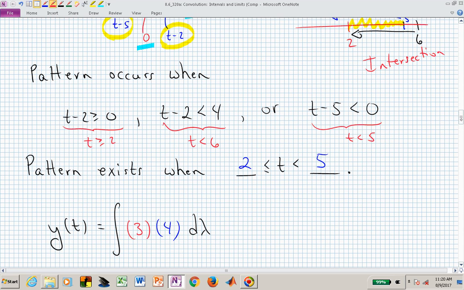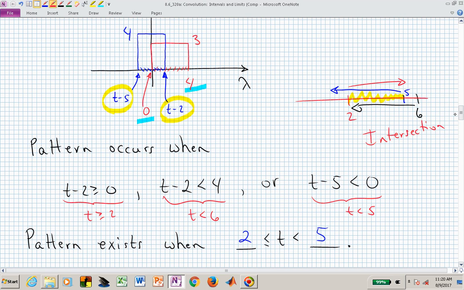That's my integrand. I now need to establish where I have crosshatching or overlap between the blue and the red hash marks. I've now hash marked the red, and I've hash marked the blue, and I now need to figure out for what values of lambda that blue and red hashing is overlapping.